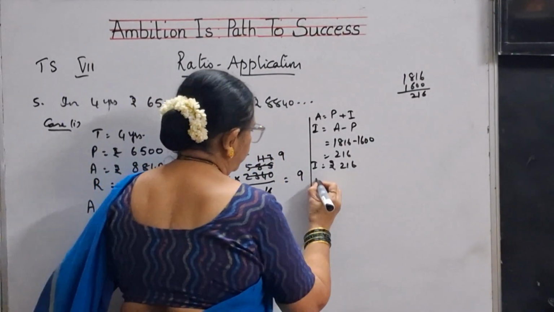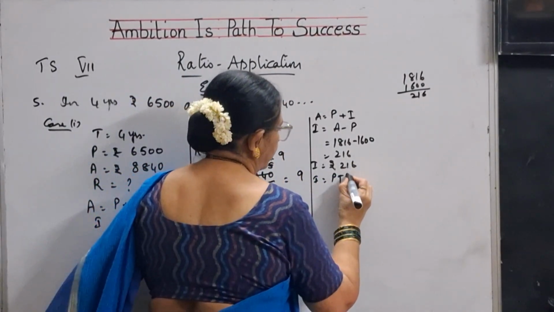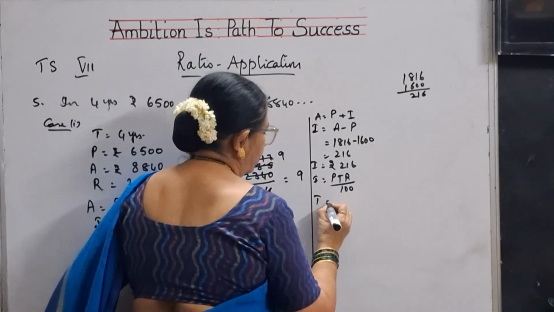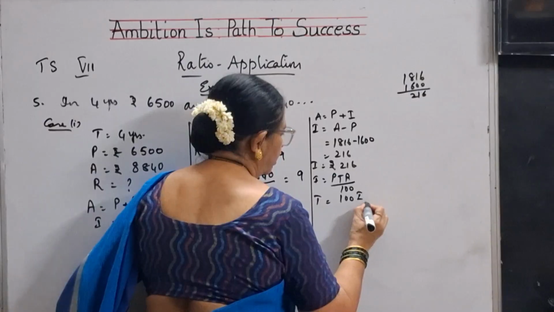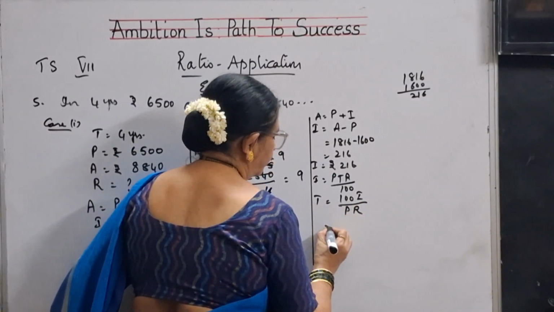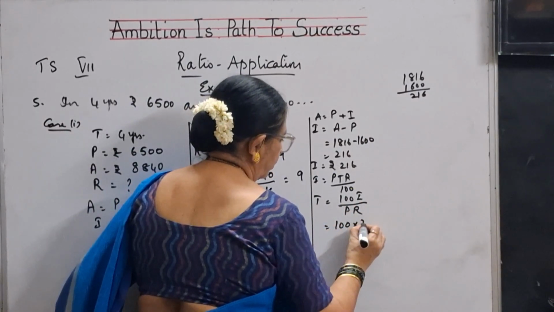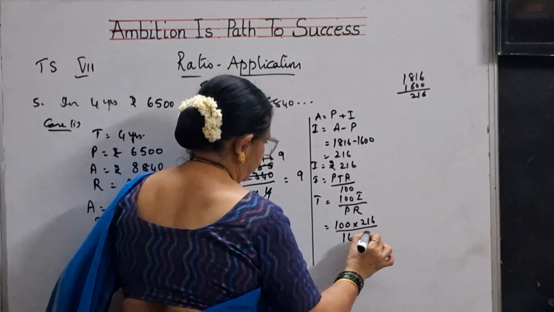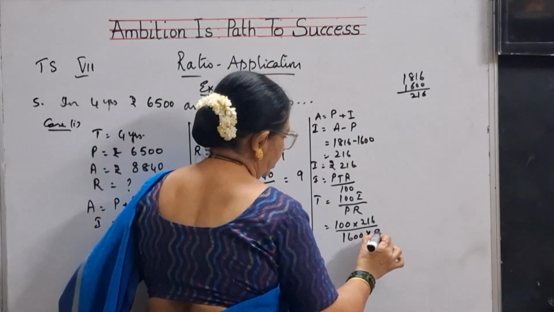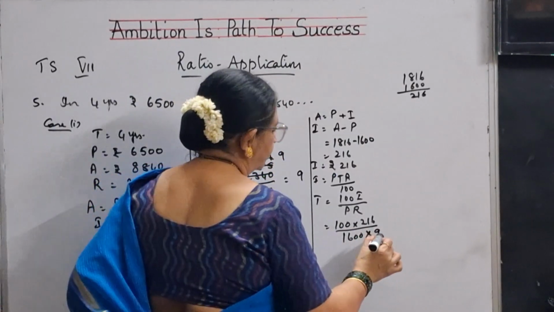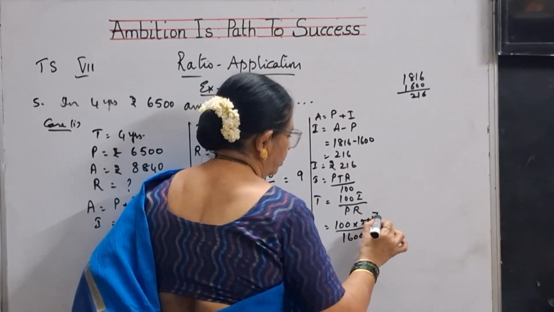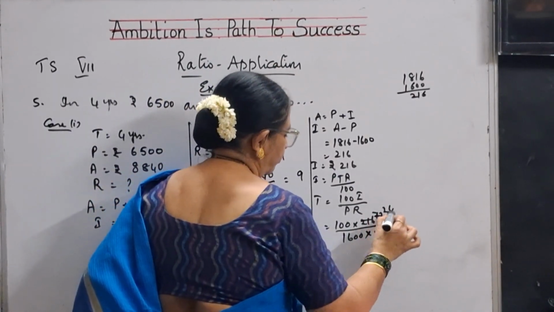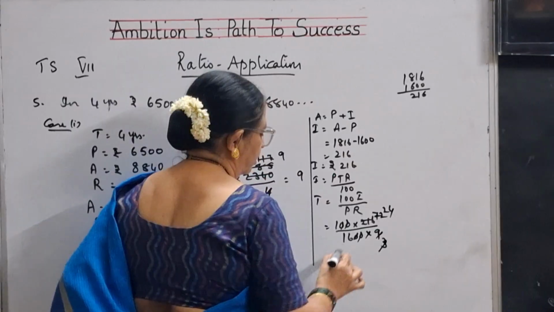Okay. Now we know that I is equal to PTR by 100. Now what we need to find out is time. T is equal to 100I by PR. 100 into 216 by principal 1600 into rate 9. 2 zeros will get cancelled.